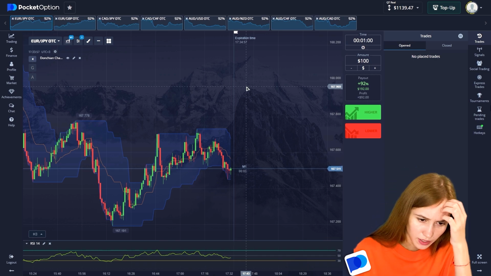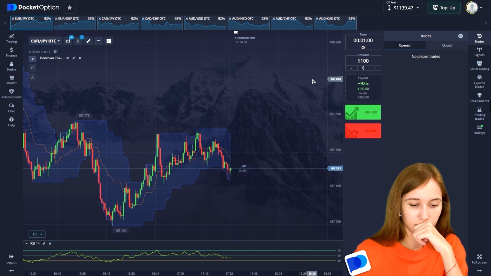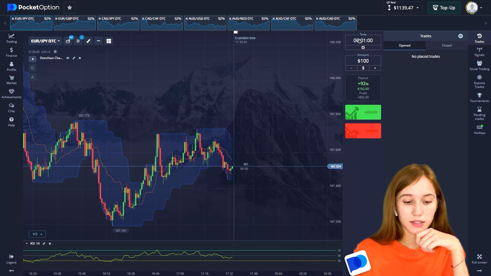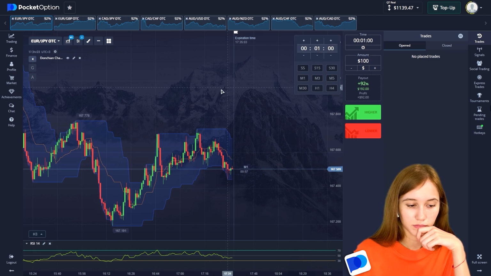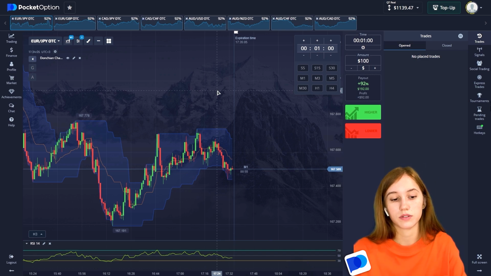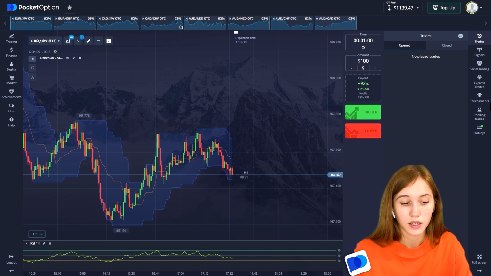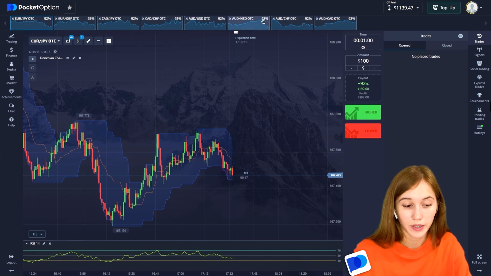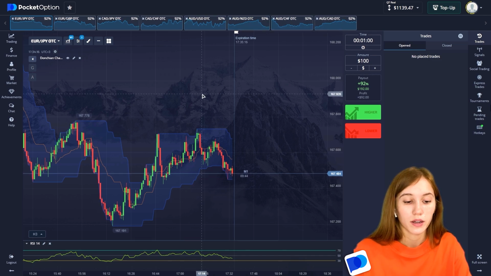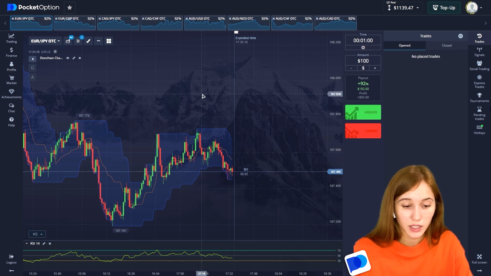Let's go through the settings. The deal time is 1 minute. Then we choose what to trade on. I will also note the payout rate is more than 90%. The higher the better. I do not recommend trading below. Technical analysis was used for general analysis.